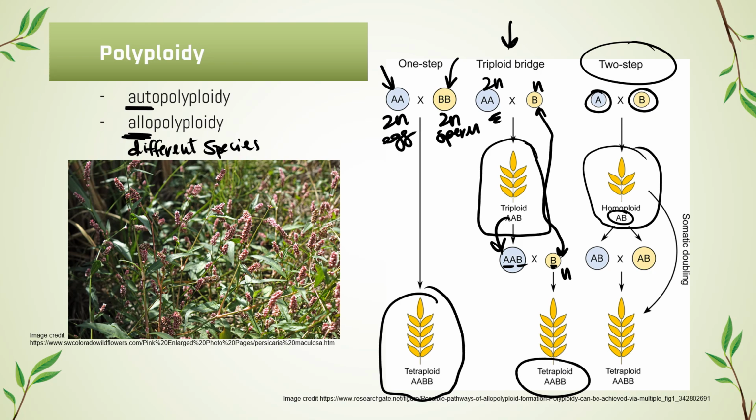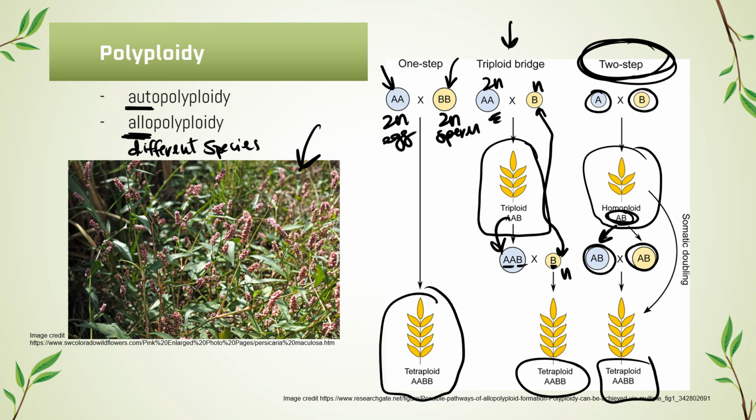But should this guy go through meiosis and have an error in meiosis and keep A and B in its gametes? So now we kind of sort of have diploid, but not exactly. And then those self-fertilize, then we can go back to tetraploid one more time. One example of allopolyploidy that led to new species is the spotted lady's thumb plant here. This was hybridized through this two-step process.